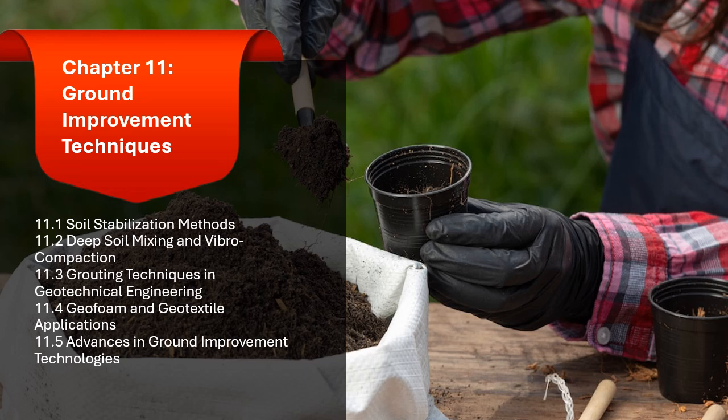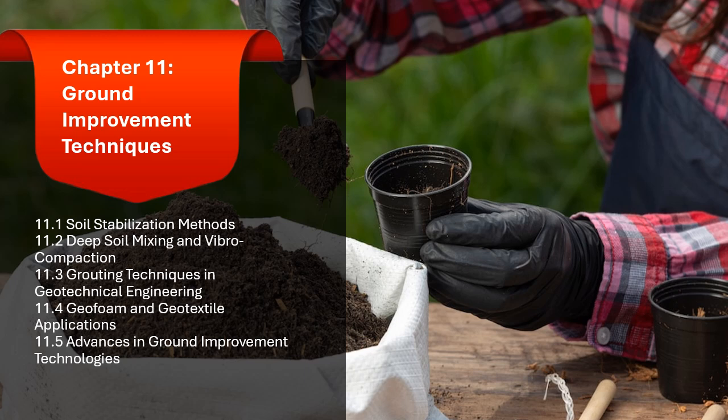2. Grading. Grading is the process of adjusting the particle size distribution of the soil to optimize its compaction and drainage properties by adding larger particles, such as gravel, or finer materials like clay.